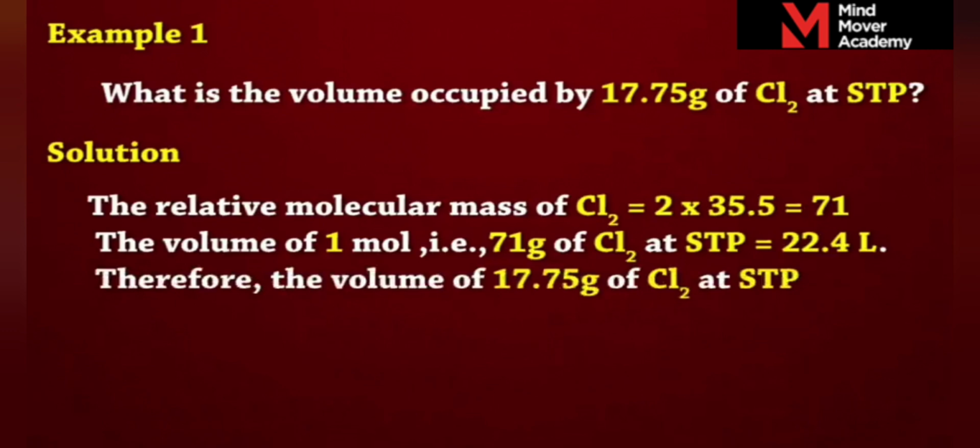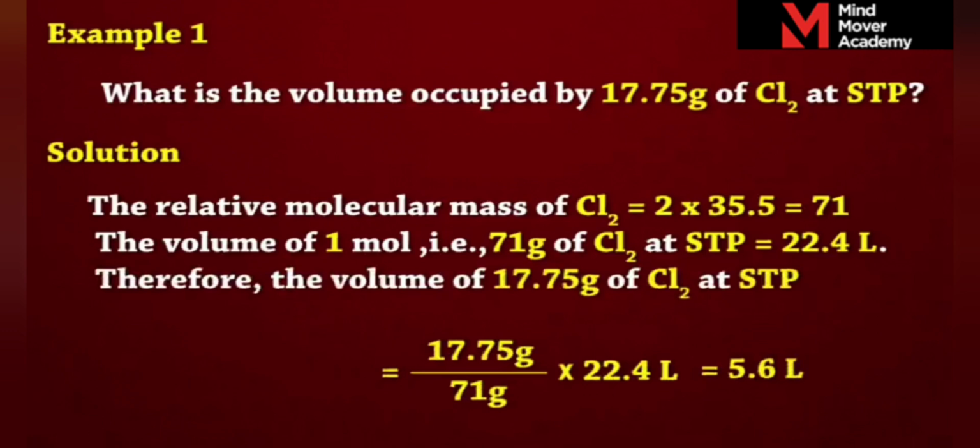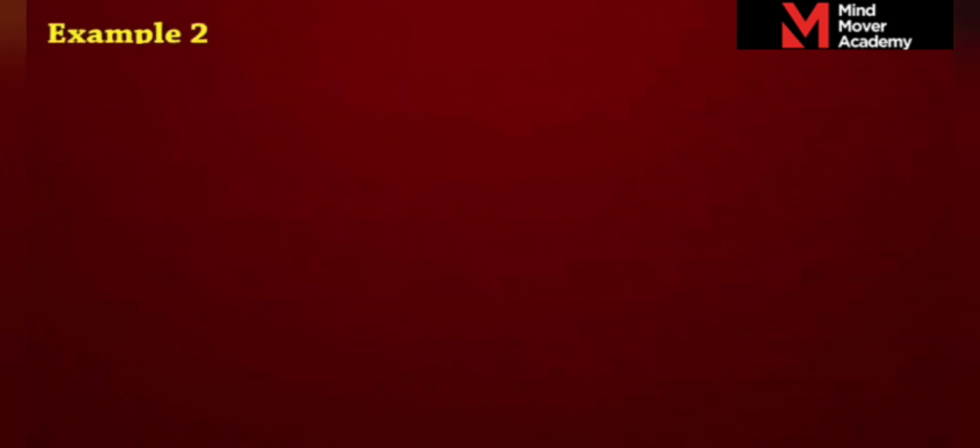Therefore, the volume of 17.75 gram of Cl2 at STP is equal to 17.75 gram divided by 71 gram into 22.4 liter is equal to 5.6 liter. Let's take the next example.